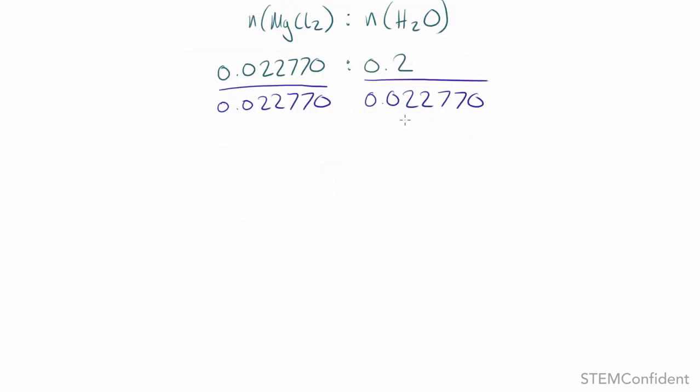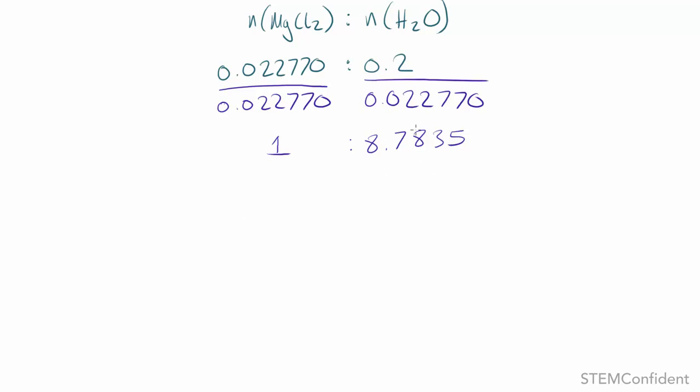So on this side, of course, this is going to give us 1. On the other side, we're going to have 8.7835. And as I mentioned, x is an integer value.